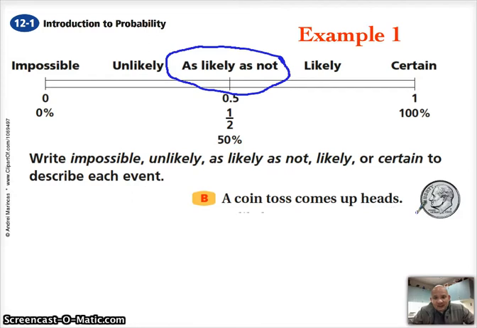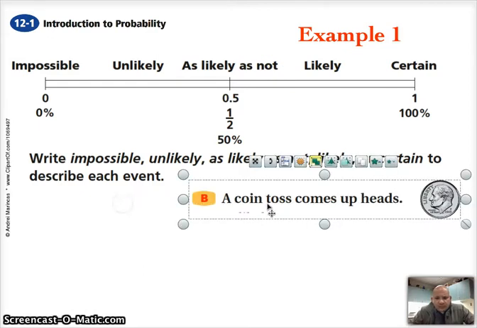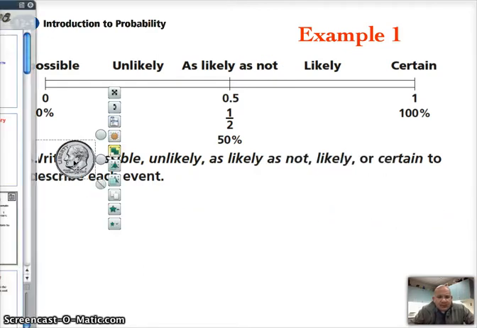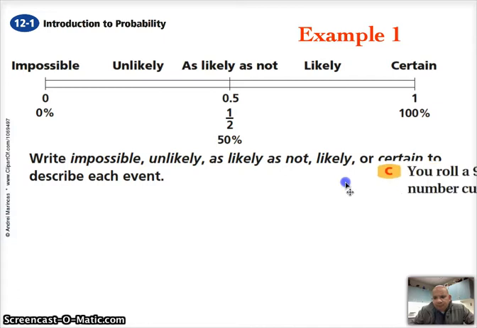As likely as not. Equal chance of heads, an equal chance of getting tails.